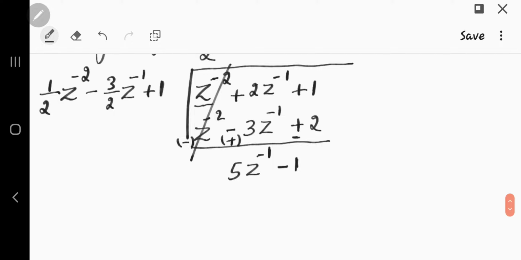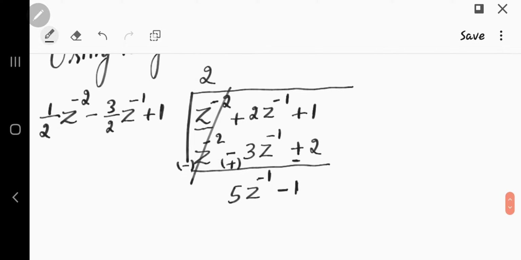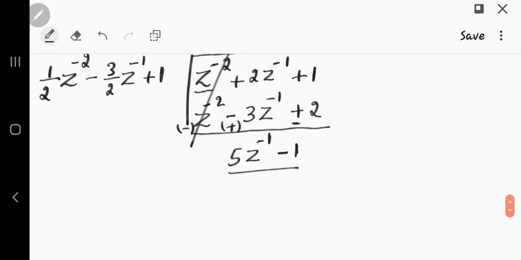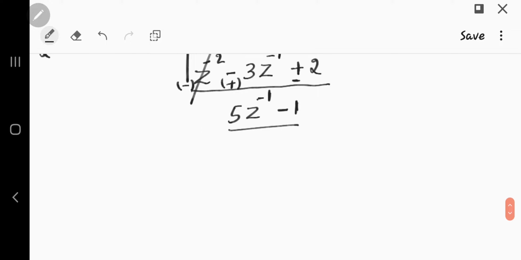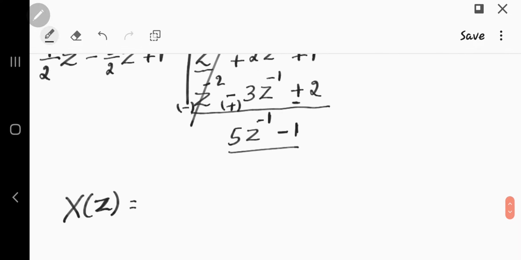So we have to stop the long division process, and we have to consider two things. This remainder will be our new numerator, and this quotient we have to consider, which is cX of z. Considering this term, we will get X of z as, I will explain once again here.